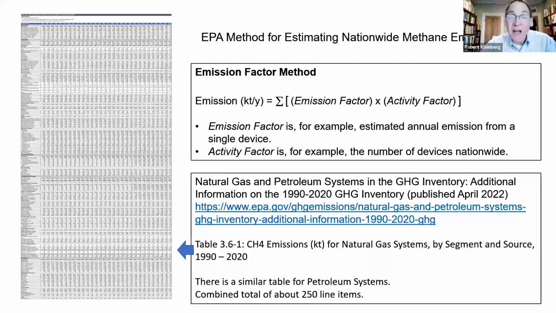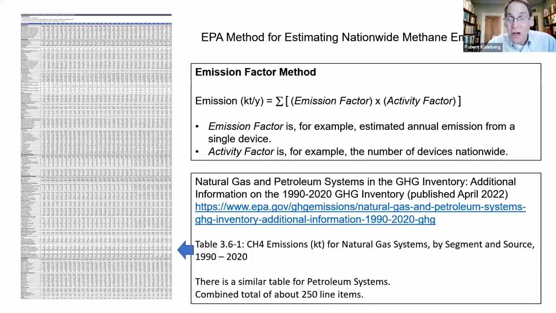One is called the emission factor, which is, for example, the estimated annual emission from a single device, perhaps as determined in the lab or by an engineering calculation. And then that's multiplied by a so-called activity factor that is associated with the emission factor. And that is, for example, the number of those devices nationwide.